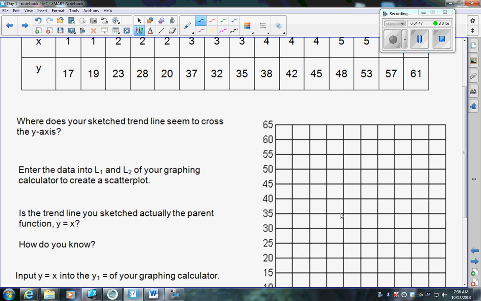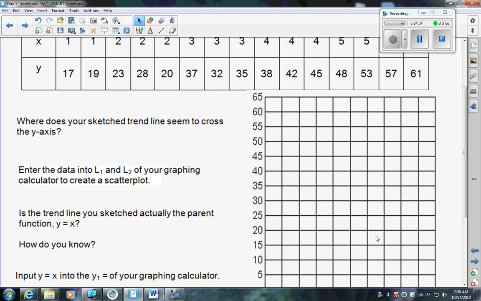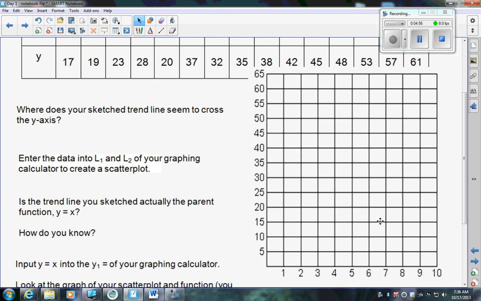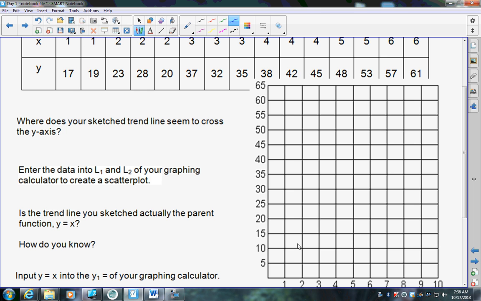Okay, so let's go down here. This might be a pain for me. Let me move mine up. So you guys should start graphing yours. All right, there we go. This might be better. Okay, so what we need to do is graph our points. So I've got 1 and 17.